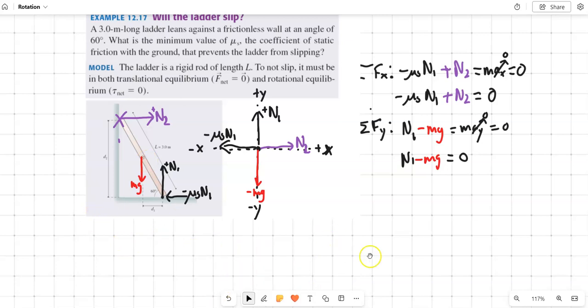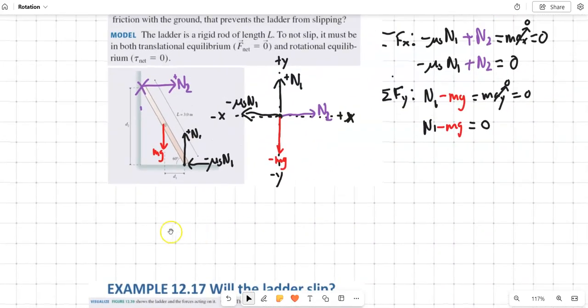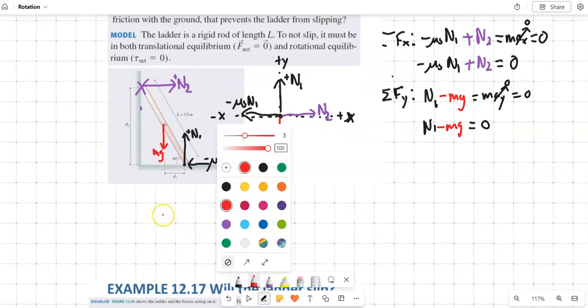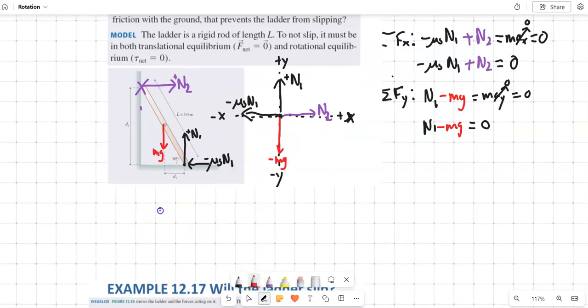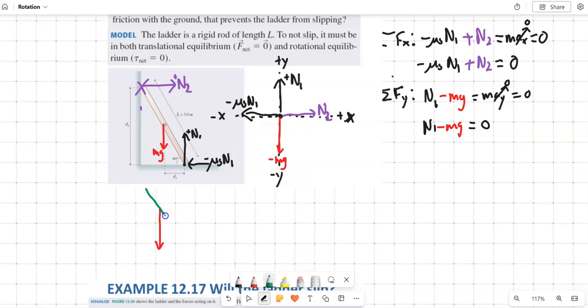So I'm going to make some little triangles here to show you why I'm struggling with something here. That mg force is pointed straight down, right? But the lever arm, which I'm going to use green as my lever arm, is right along this point right here, okay?